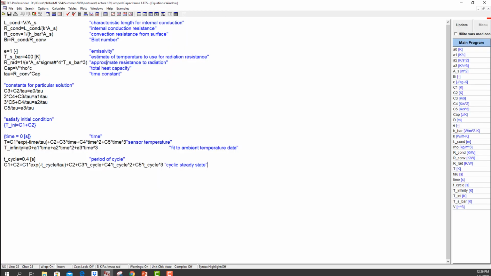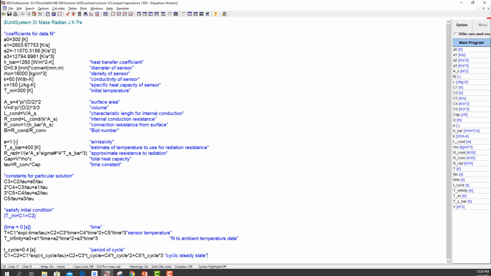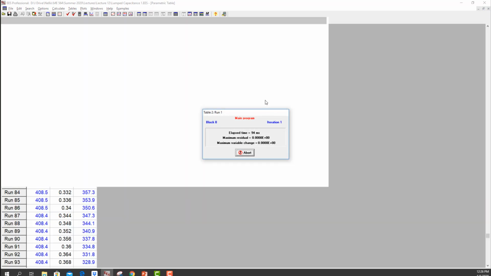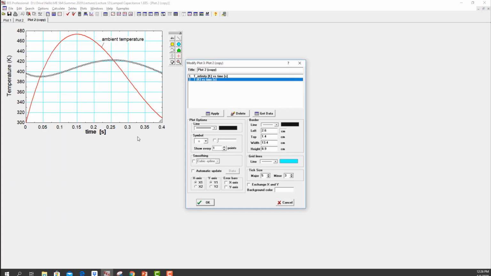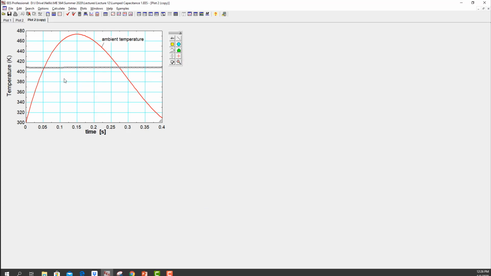The bigger I make my time constant, so let's make it bigger, I'll just multiply the density by 100 and we'll solve again and update. You'll see that now my object really doesn't do anything because its time constant is now 29 seconds and it doesn't have time to respond during this 0.4 seconds.